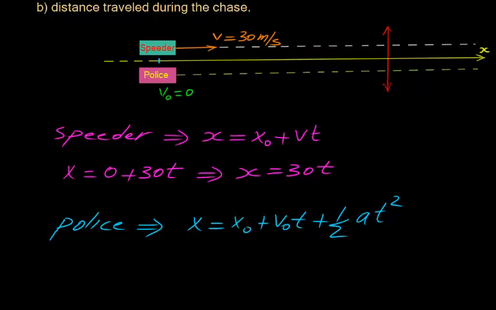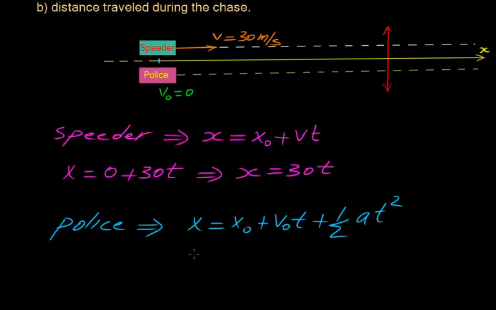Notice that the common quantities between the speeder and the police car are the displacement x minus x0 and the time t. The velocity of the police car at the moment when he catches the speeder is not the same as the speeder's. The police car must be moving at a very high speed at that moment.